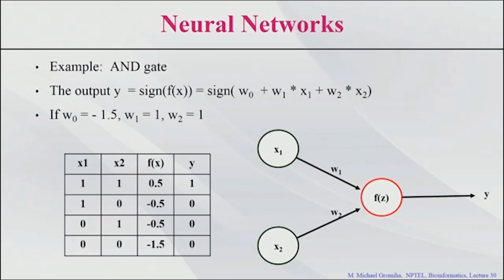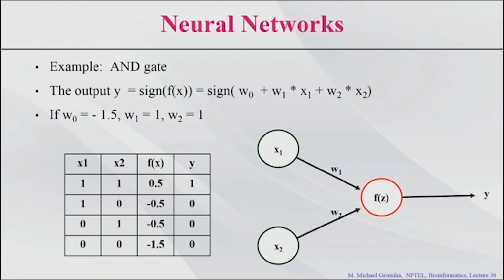For example, if you have an AND gate, the output is y. So, you take the sign of w0 plus w1 into x1 plus w2 into x2, where we have inputs x1 and x2. For example, take w0 equal to minus 1.5, w1 equal to 1, w2 equal to 1. With x1 equal to 1 and x2 equal to 1, what is f of x?